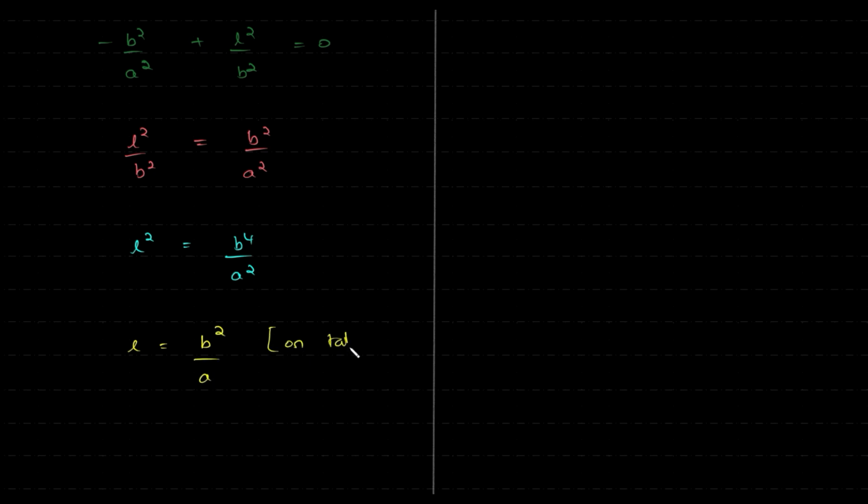So finally, this is L. The length of the latus rectum will be double of this. Length of latus rectum will be 2 times L. So this will be 2b squared by a.